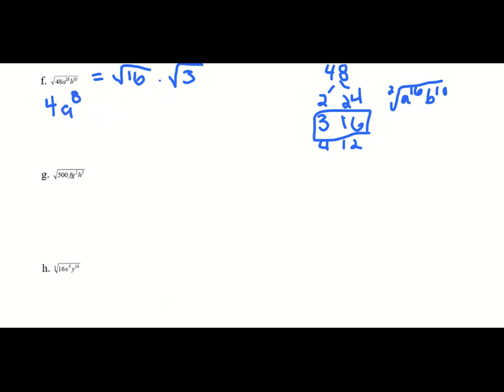I didn't leave enough space. 2 goes into 10 5 whole times, so it would be b to the 5th. And then we would just have our square root 3. So when we simplify, we get 4 a to the 8th, b to the, not 10th, but to the 5th, because it goes in 5 times, times the square root of 3.